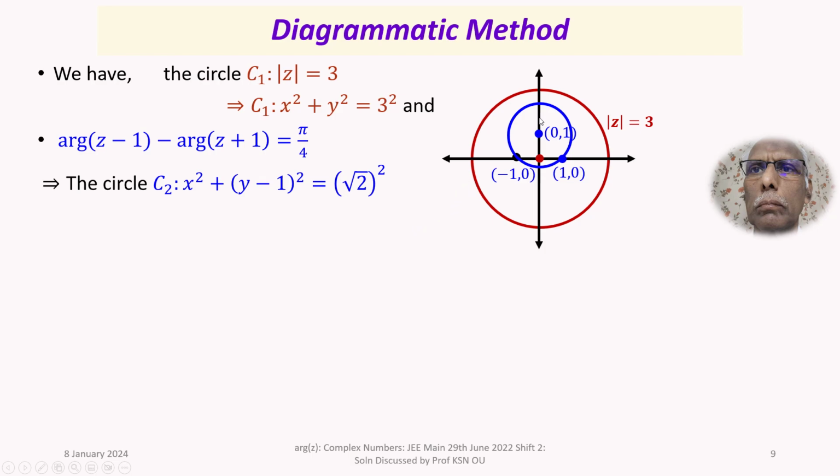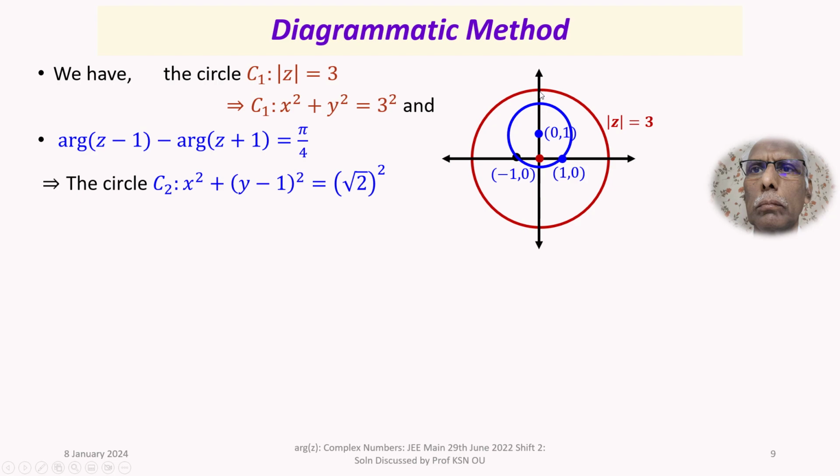Anyway, what are the coordinates of this point on the y-axis? The distance from here to here is 1. From here to here is the radius of the circle in blue, that is root 2. So this is 1, this is root 2, and this point will be (0, 1 plus root 2).